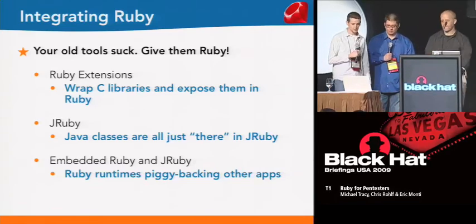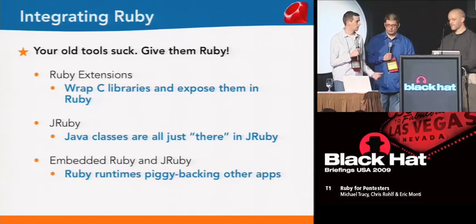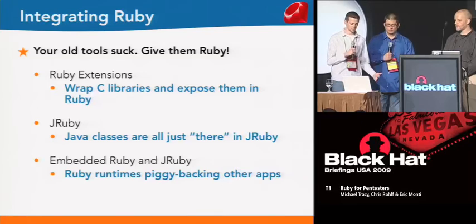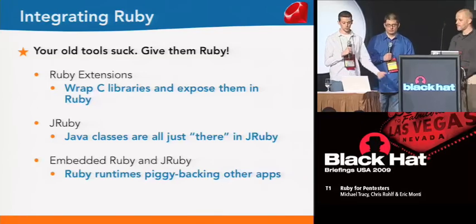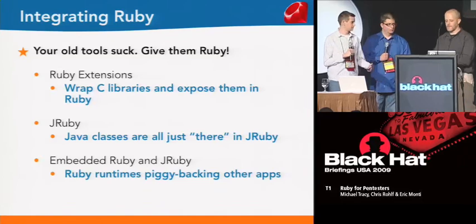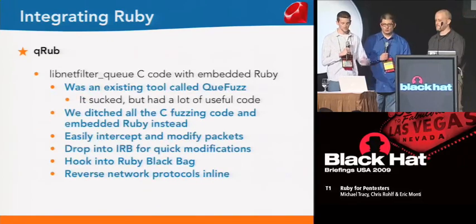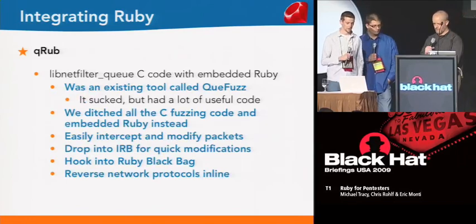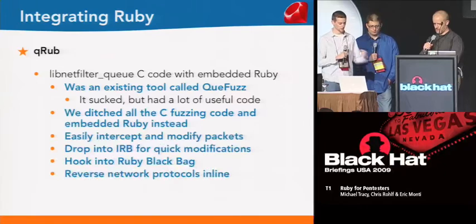So quick examples of this. We had an old tool, QFuzz, written in C for fuzzing network traffic in line. But fuzzing in C is really, really painful. So we embedded a Ruby interpreter. This takes the Blit plug Telson idea and brings it down to a kernel level and hooks TCP sessions completely in line, transparently bumping the wire, and then you can fuzz those connections and that data with Ruby.